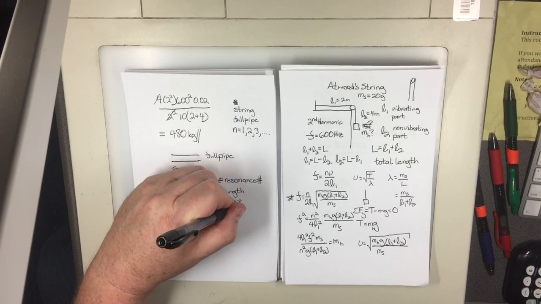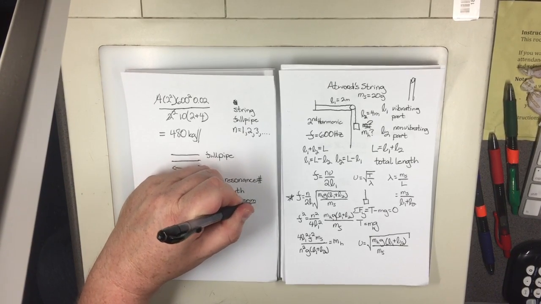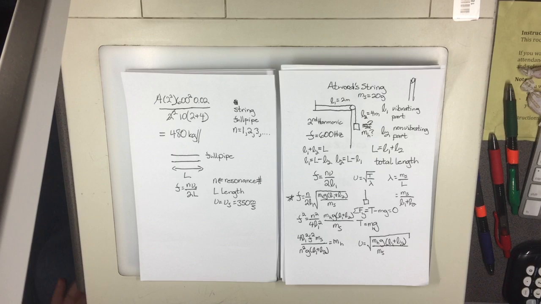And Vs is equal to 350. On the test, it will be 350.